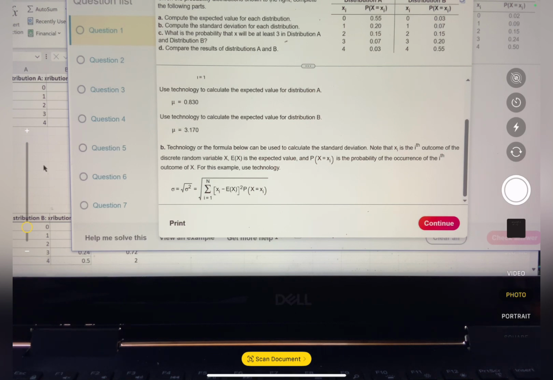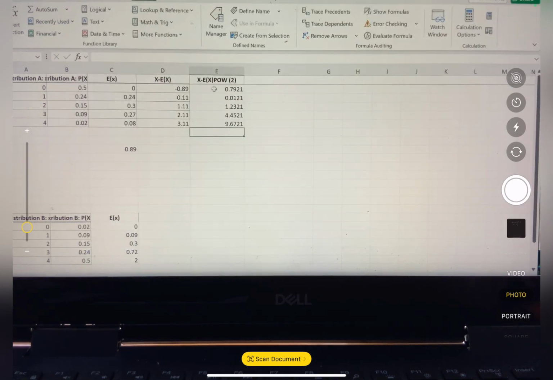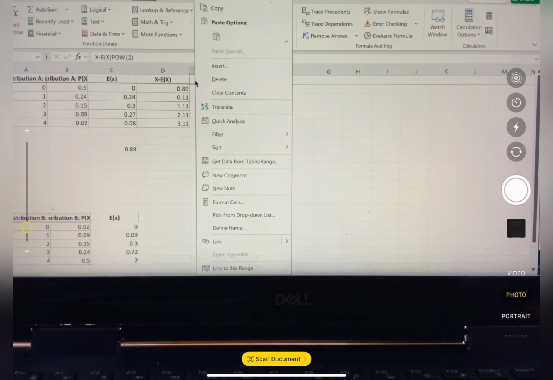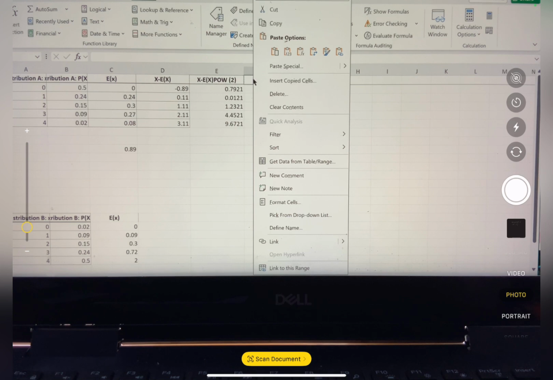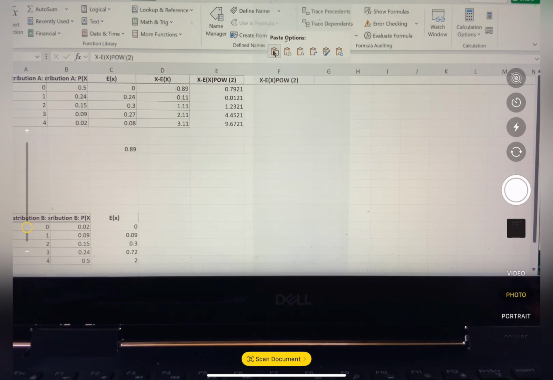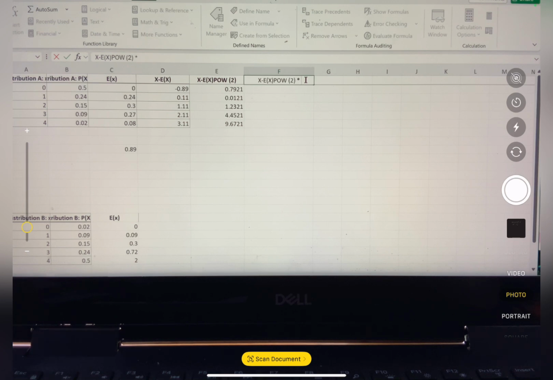So next we have to multiply by probability. Let me copy this, paste, and it's going to be multiplying by the probability of x.